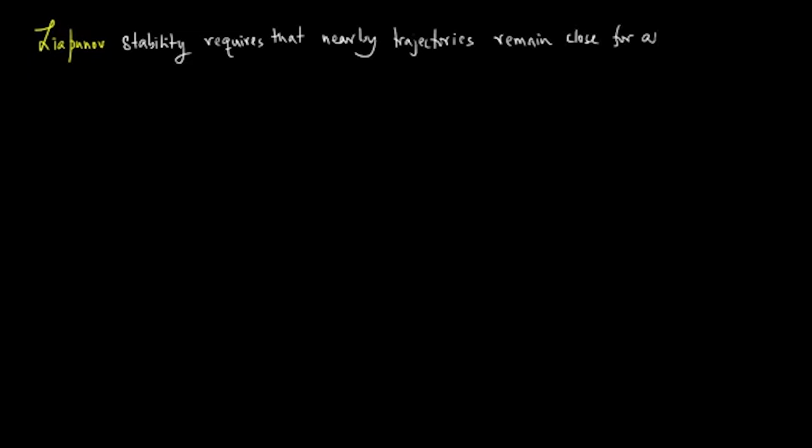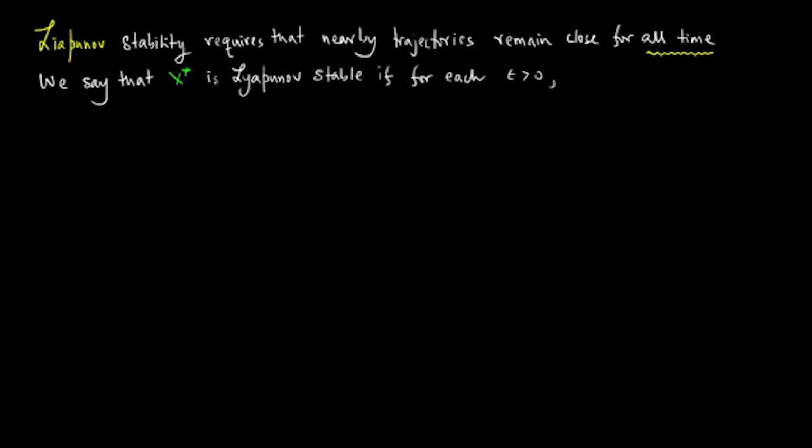Now Lyapunov stability requires that nearby trajectories remain close for all time. We say that x star is Lyapunov stable if for each epsilon greater than 0 there is a delta greater than 0 such that the distance between x naught and x star is less than delta.